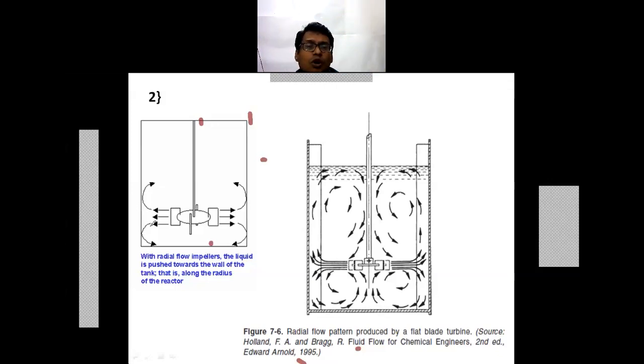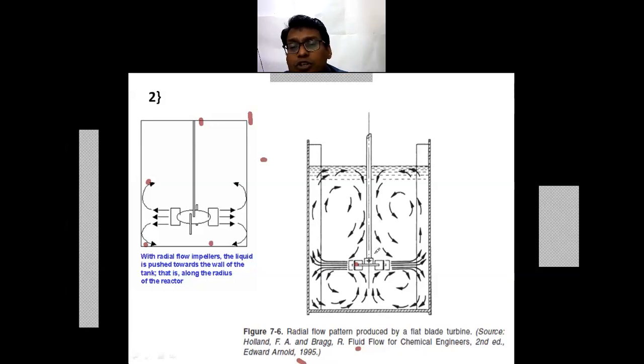This lower and upper direction fluid forms a circulation loop in the vessel. There are four circulation loops observed in this cross-sectional figure: the upper and lower circulation loops, and on the other side also an upper and lower circulation loop.